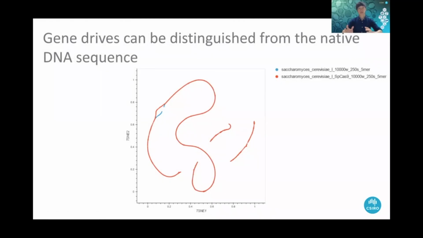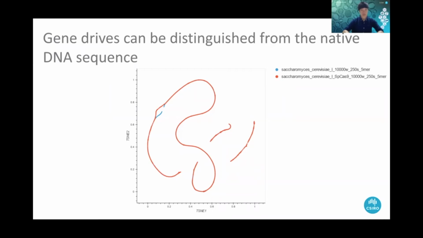So given that different genomes display unique genetic signatures, we then investigated whether we can use this to detect gene drives that have been inserted into the genome. To do this, we simulated the insertion of a gene drive into a genome by constructing a theoretical sequence. To construct our theoretical sequence, we randomly inserted the Cas9 gene sequence into a yeast chromosome sequence, and we did this in yeast due to its relatively small sequence.